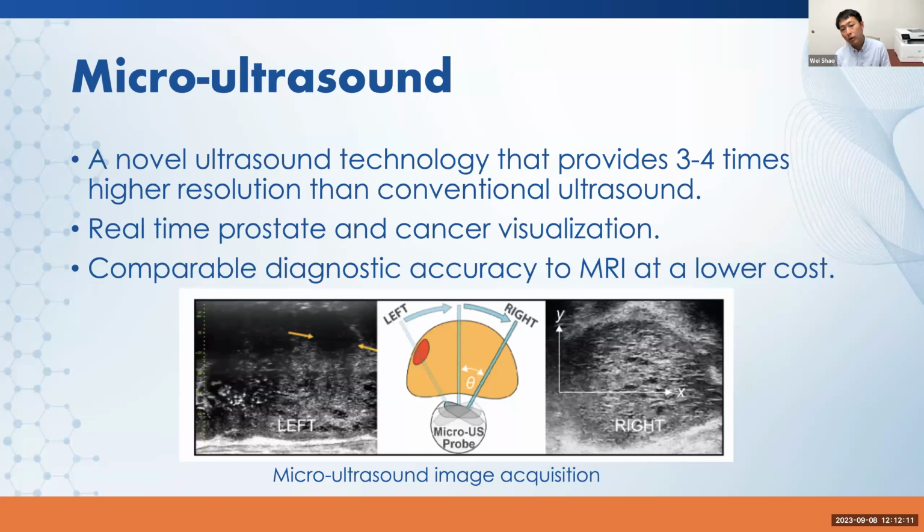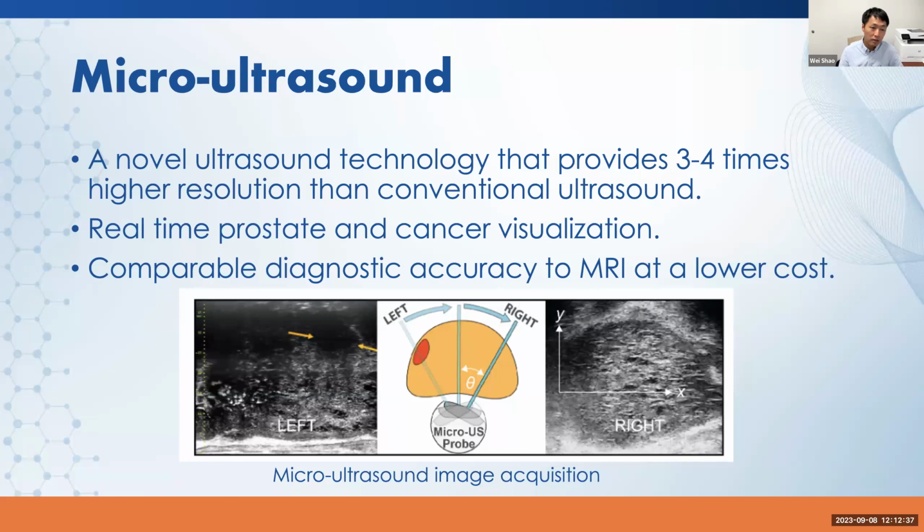It's about 3 to 4 times higher frequency than the conventional ultrasound, and therefore it provides 3 to 4 times higher resolution. And therefore, this technology can be used for real-time imaging of not just the prostate, but the prostate cancer. You can visualize prostate cancer on this high-resolution micro-ultrasound.